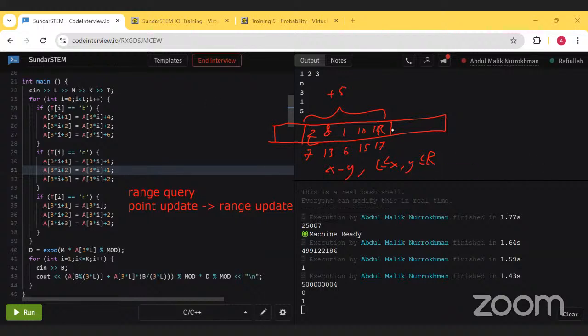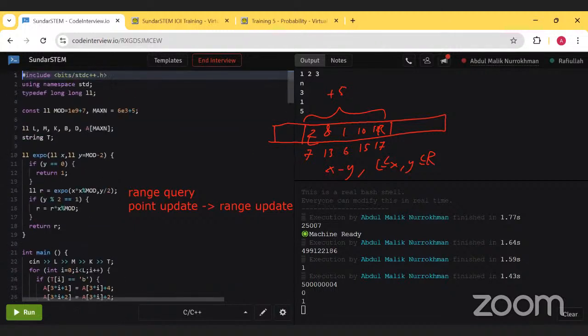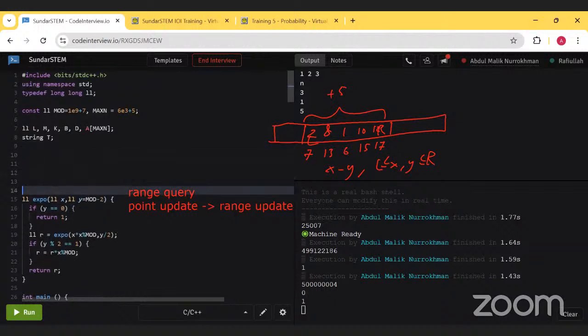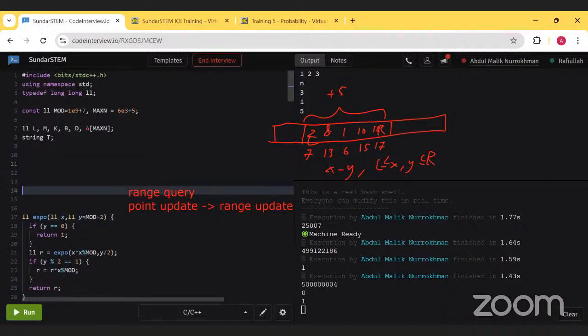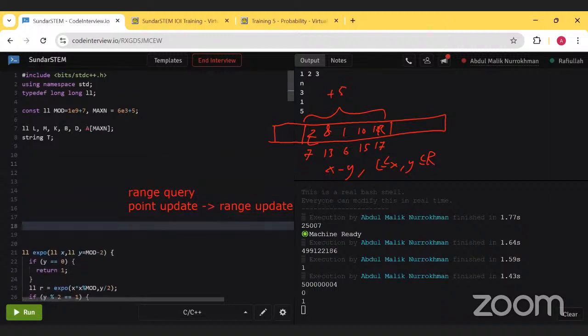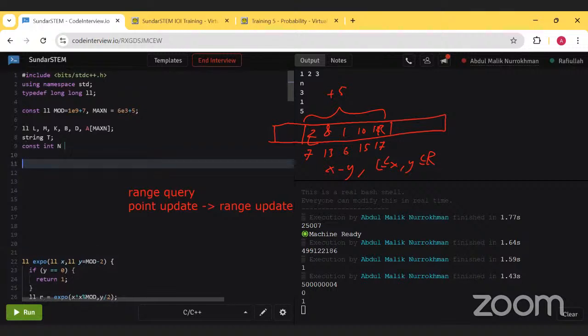And then how to implement it. Before that, I want to know how you implement the simple segment tree. Maybe some of you may implement it or just copy paste your template or just find some problem that you already solved about segment tree.